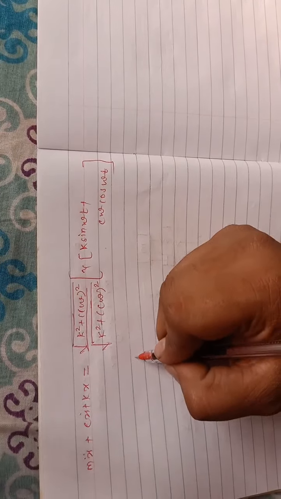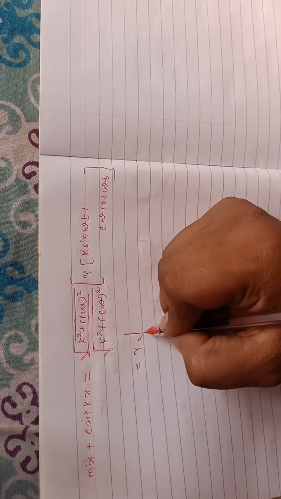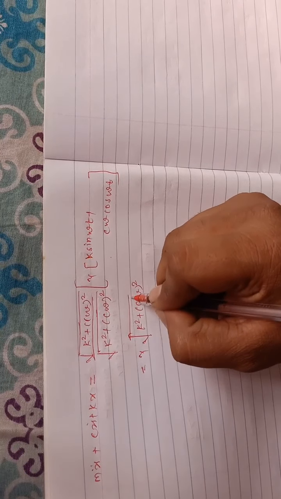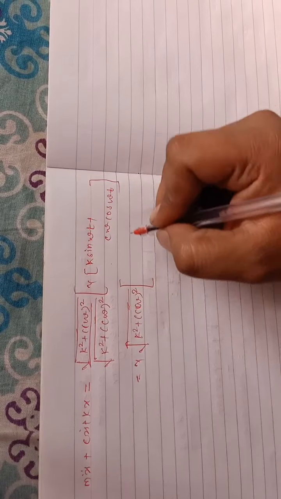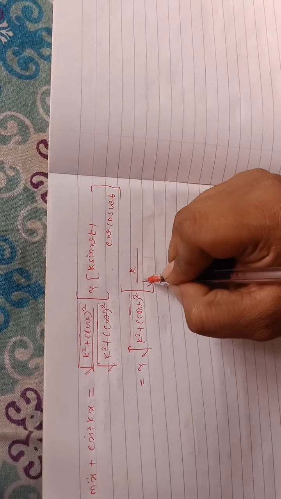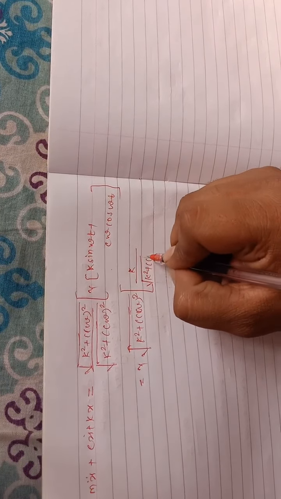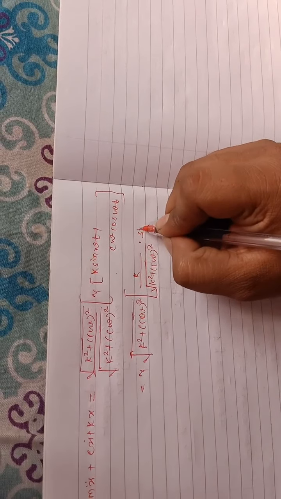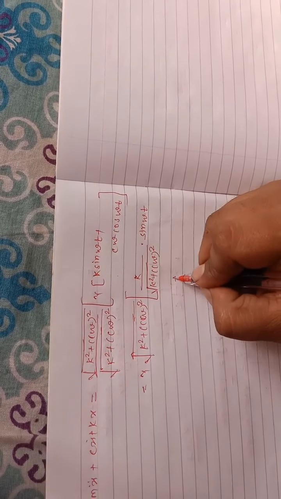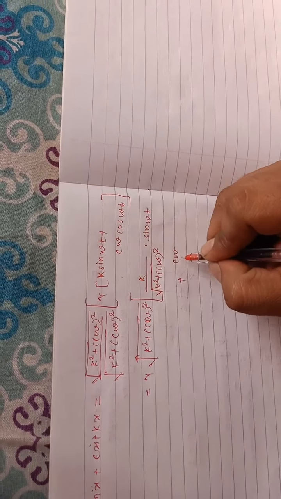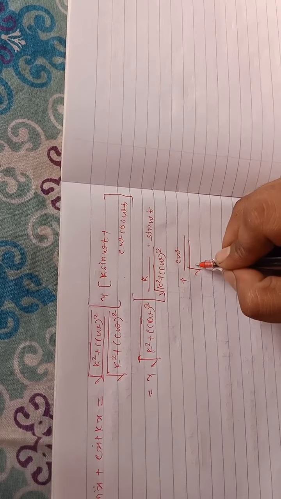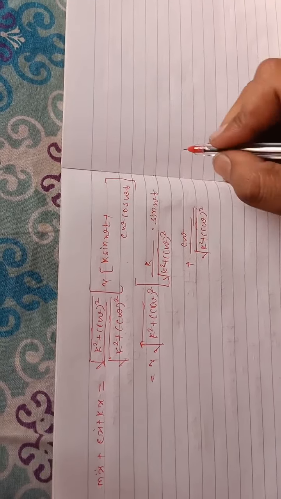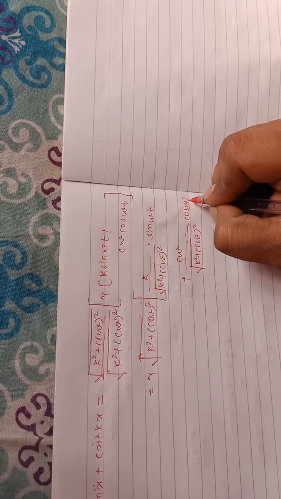So it will become Y square root of k square plus (c omega) square into k divided by square root of k square plus (c omega) square into sin omega t plus c omega divided by square root of k square plus (c omega) square cos omega t.